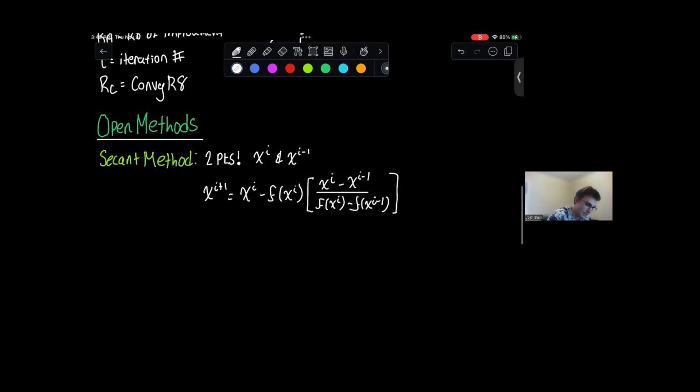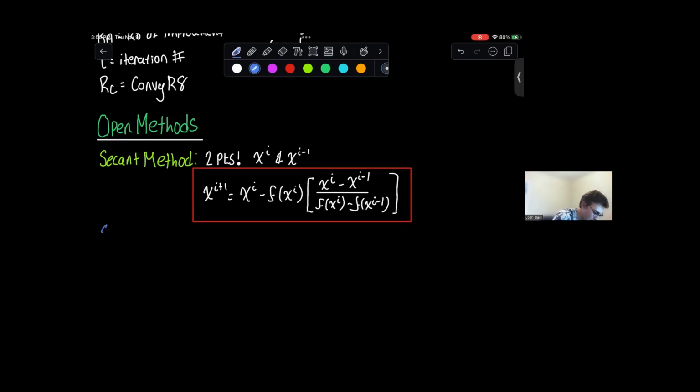There you go. That is the equation we're going to be using for the secant method, and it can be easily implemented into MATLAB by just following our regular falsi code and plugging in this new equation instead.